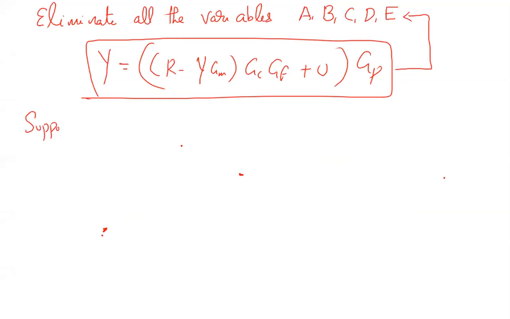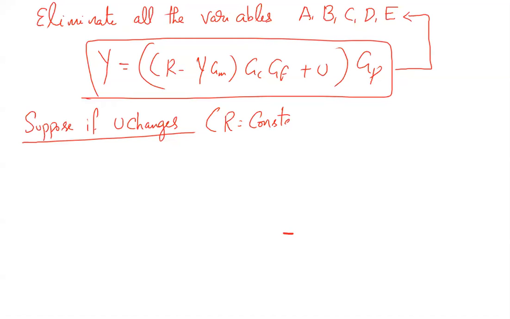So first case, suppose U changes. Is it a servo problem or a regulator problem? U changes, that means the load is changing, so your set point remains constant.